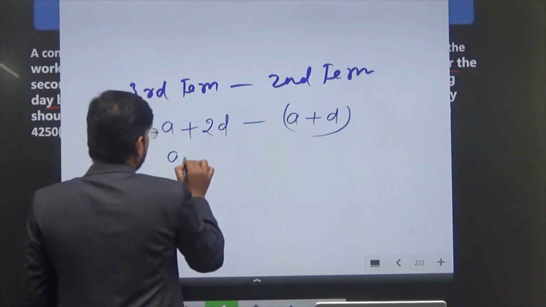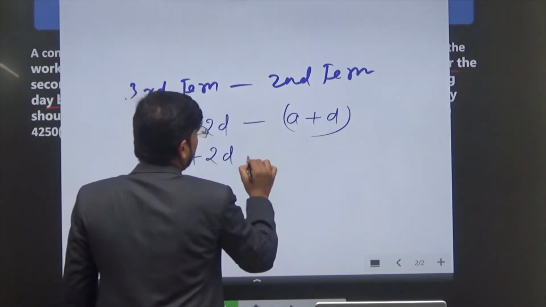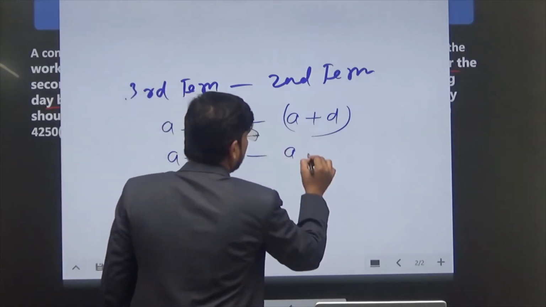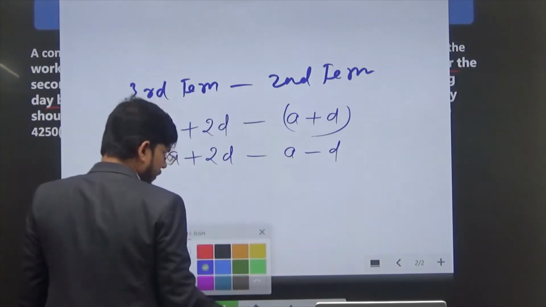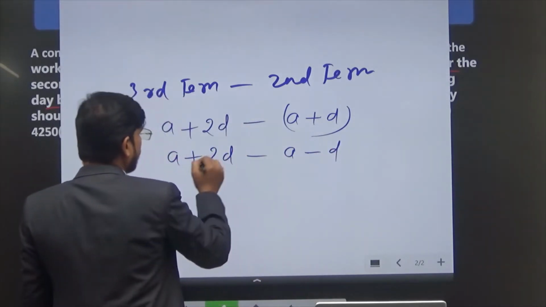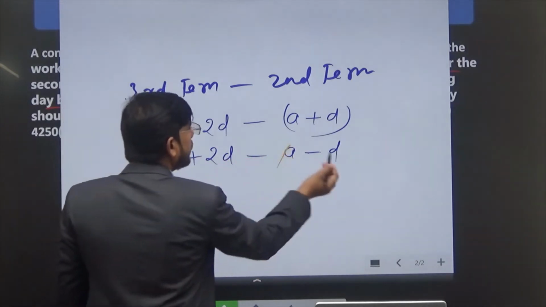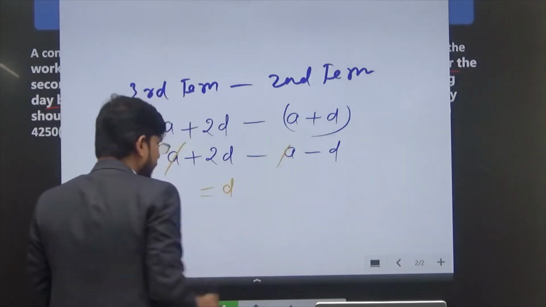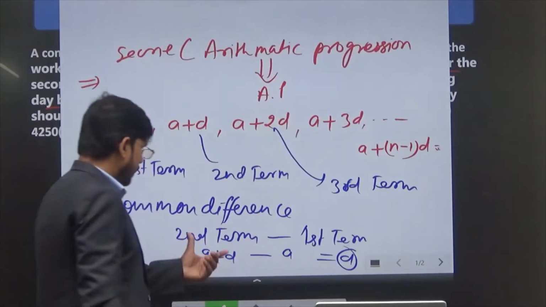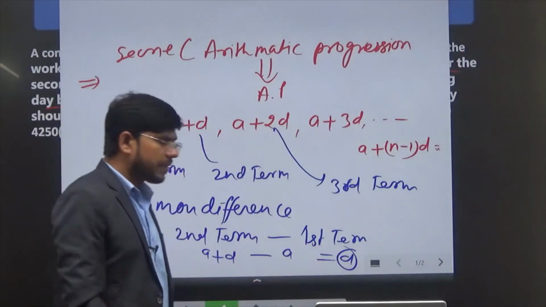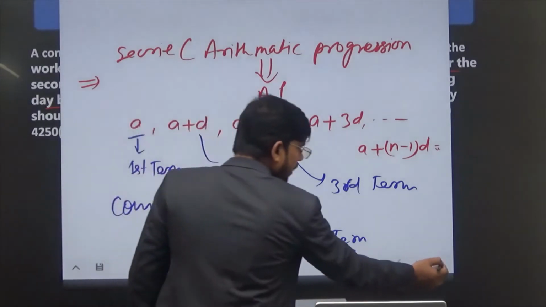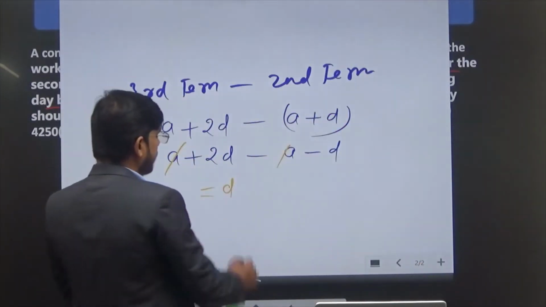Then a plus 2d minus a minus d, this will cancel out, minus a plus a, and 2d minus d is equal to d. So you can see here also the common difference is d, and here also the common difference is d.